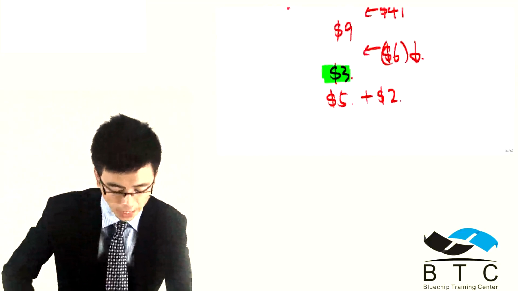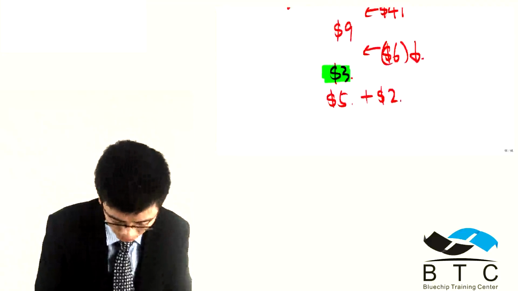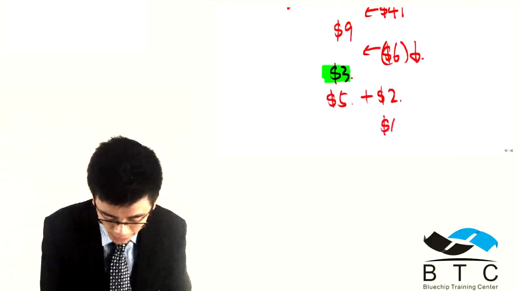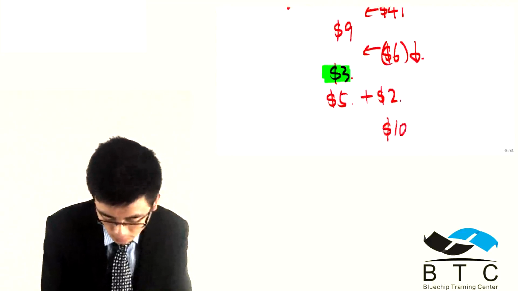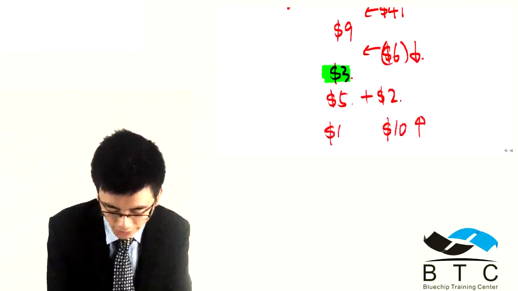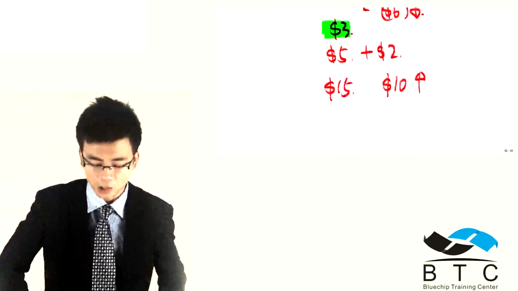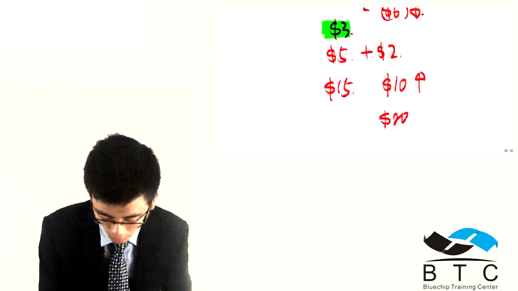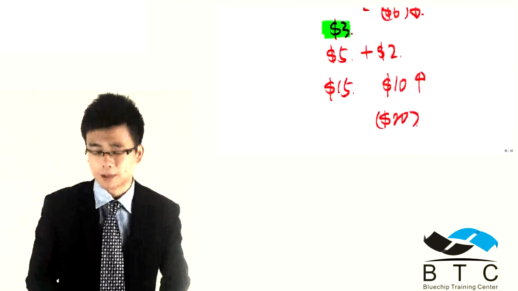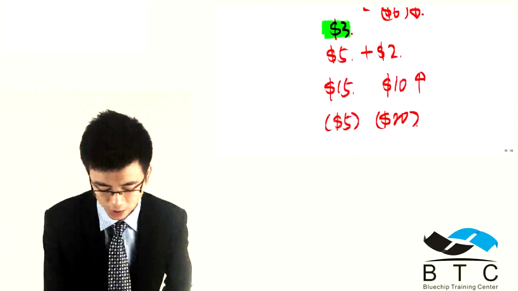Also, you can see here that if you make a further profit of 10, your margin account will become 15. If you make a loss of 20, your margin account will be 5.